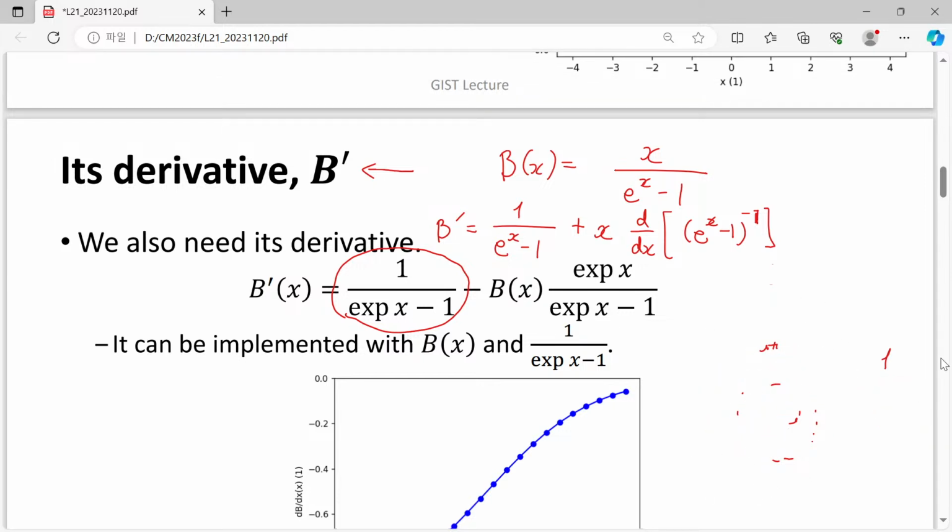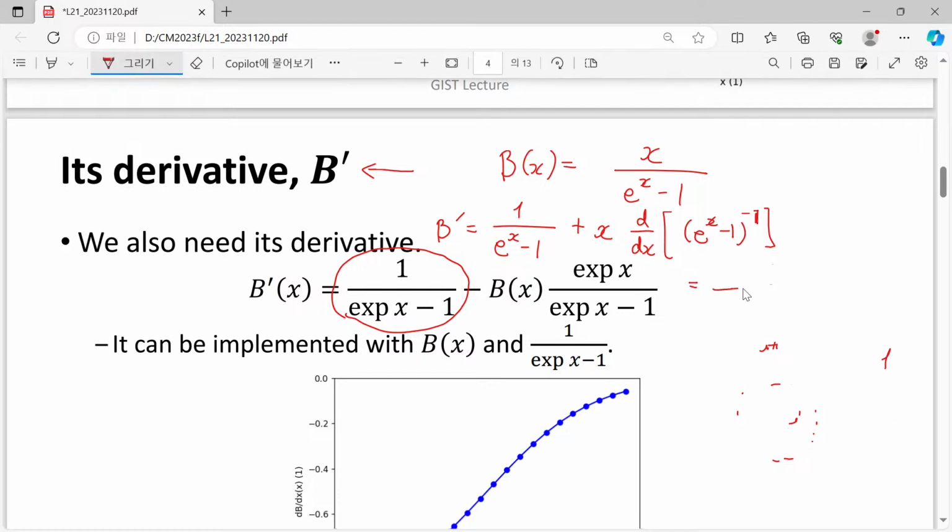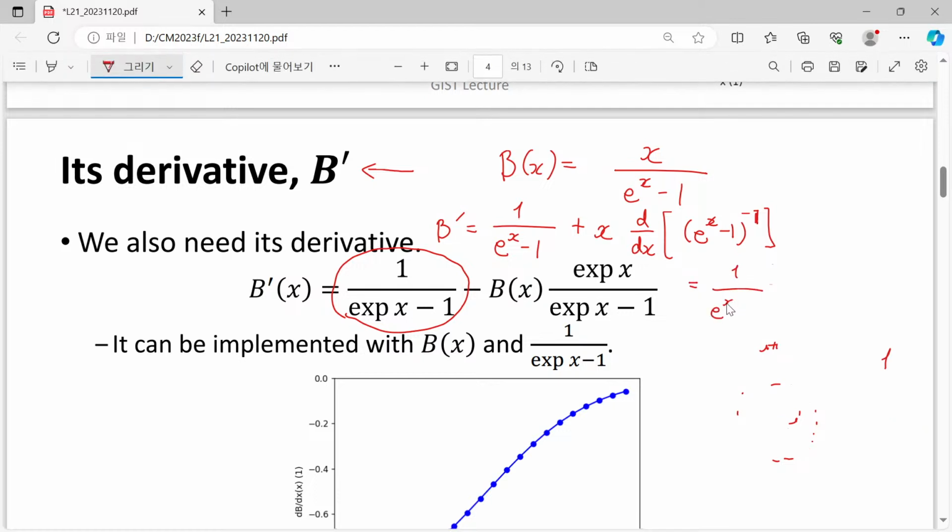So let me just follow. To keep the first term, it is already done, and x, and we will have now a minus sign, due to this minus x times (exponential x minus 1) to the minus square.